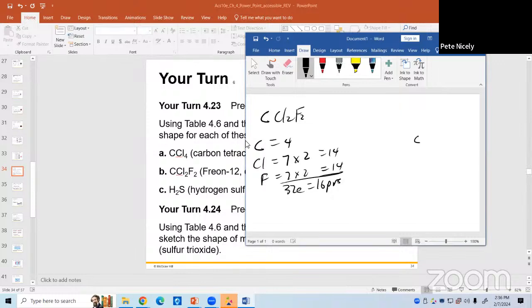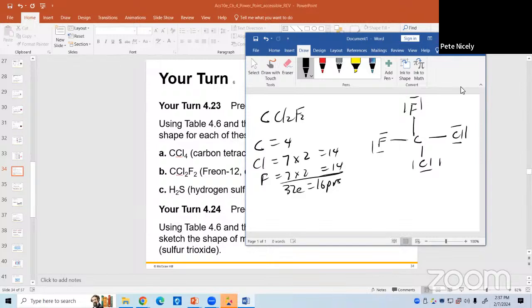We put the carbon in the middle, surrounded with the fluorines and the chlorines. Doesn't matter where you put them, because we're not concerned about the shape now. That aside, we put the bonding pairs first: 1, 2, 3, 4, then 5, 6, 7, 8, 9, 10, 11, 12, 13, 14, 15, 16.